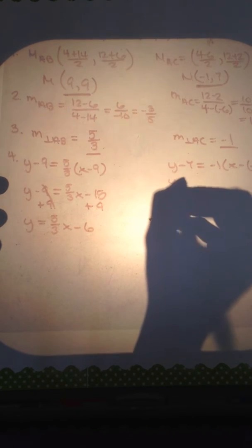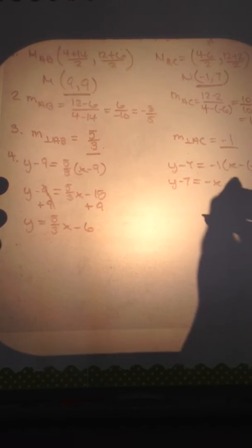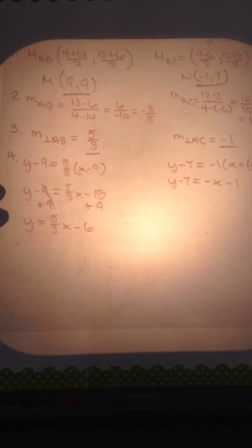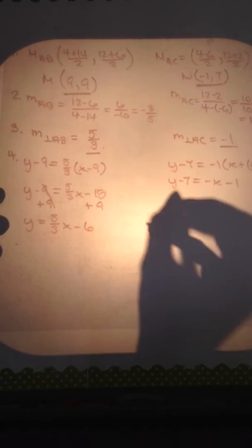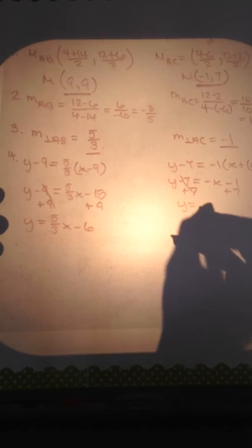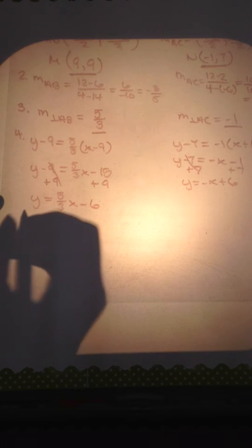And on this side, y minus 7 equals negative x minus 1. This is plus plus, and so when I distribute that negative, it'll be negative 1. And then add 7. So y equals negative x plus 6. Okay, so that's a completion of step 4.